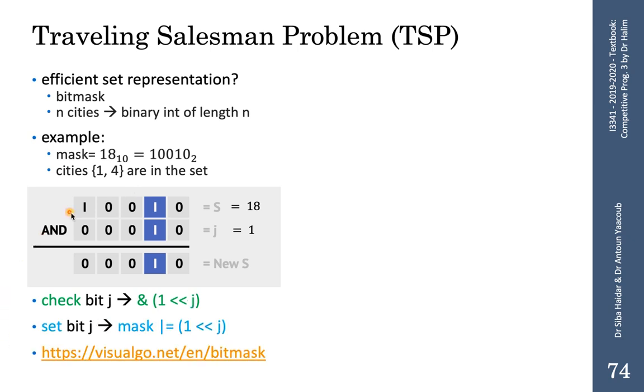For example, to check whether a bit is on or off, you can make an AND with a left shift of the same number of bits, and to set a bit, you can make an OR with the left shift of this number of bits. You can visit visualgo.net, which is a website to support this textbook, and you can practice all bit operations over bit masks.